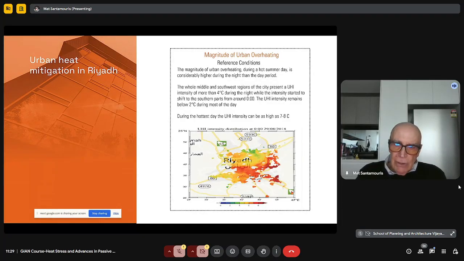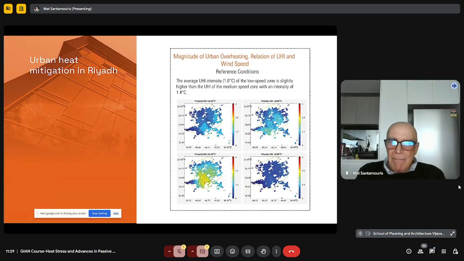So once we know the dynamics of the climatic conditions at the city level, and which parts of the city are affected by this heat transfer, we have a very good understanding of the magnitude of the urban overheating and the relation of the urban overheating with all the other climatic conditions.